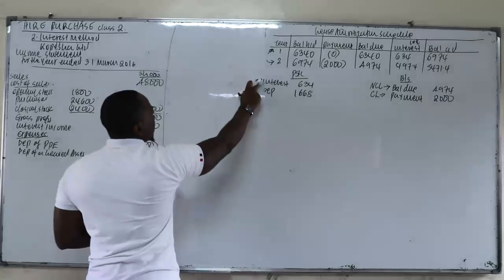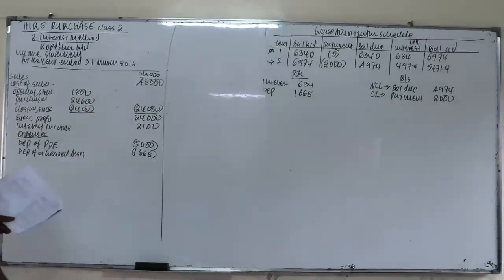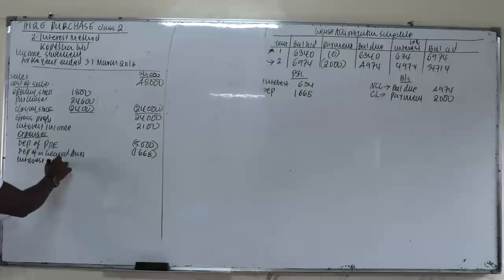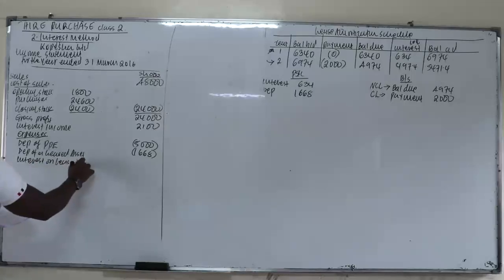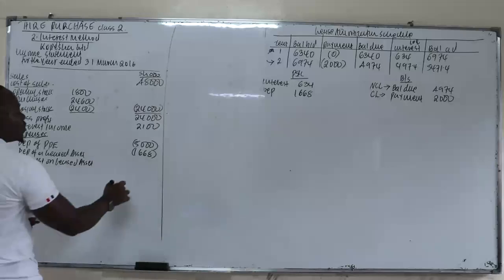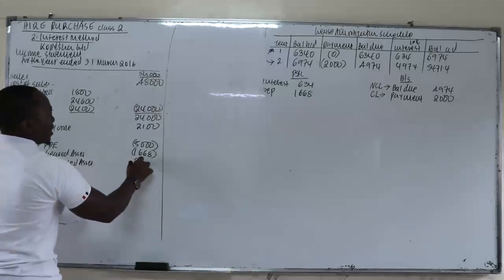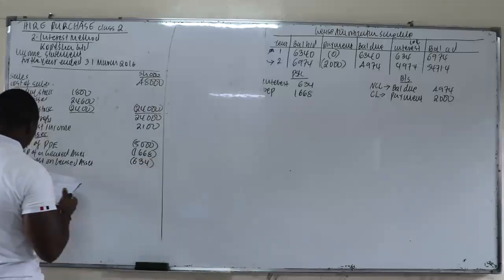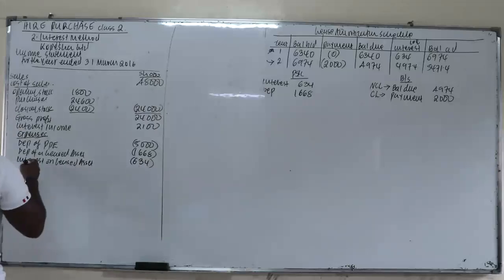Then there was interest expense on leased items. So interest on leased asset, an amount of 634.